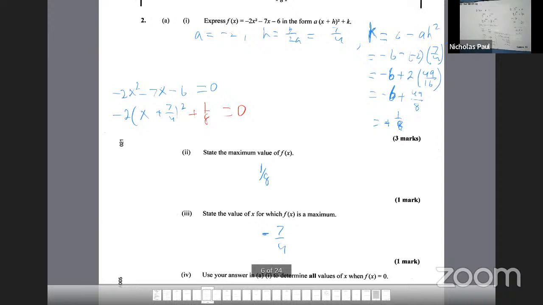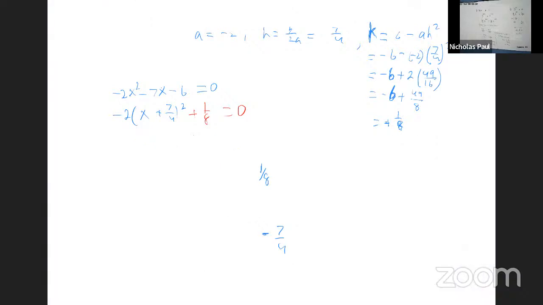So just to save some time, this is basically what you're doing. You're basically trying to make x the subject of the formula.